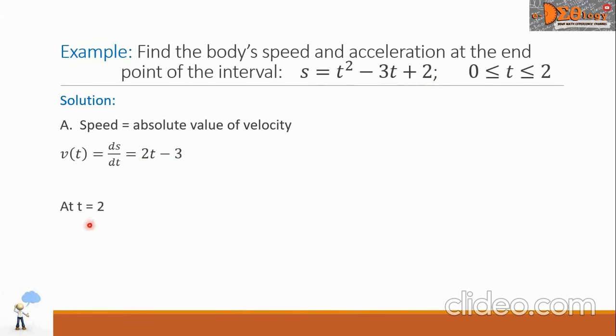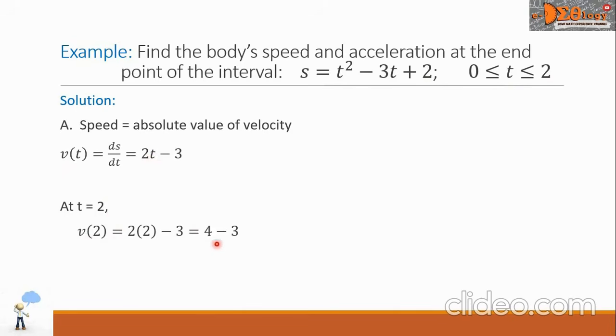Now at t equals 2, this 2 is the endpoint of the interval. Let us evaluate the function v at t equals 2. So we write v of 2 equals 2t now becomes 2 times 2 minus 3.